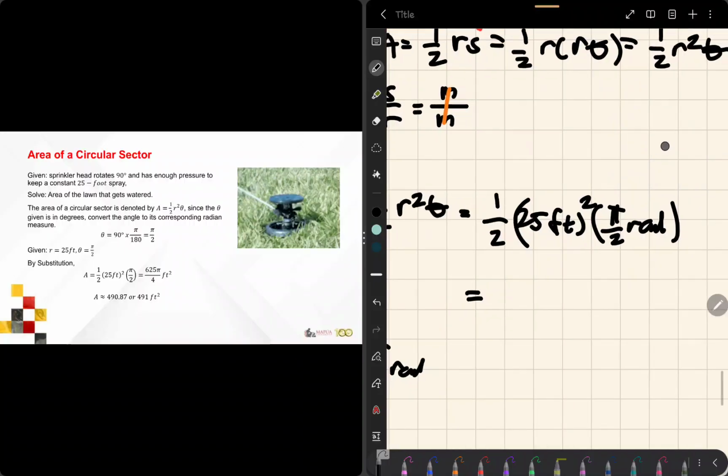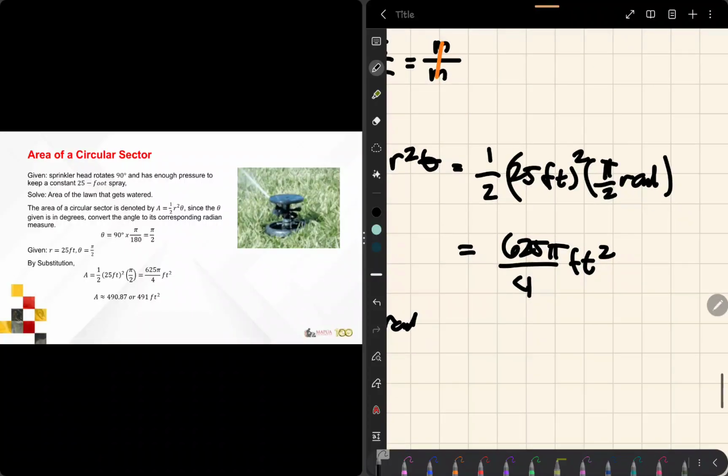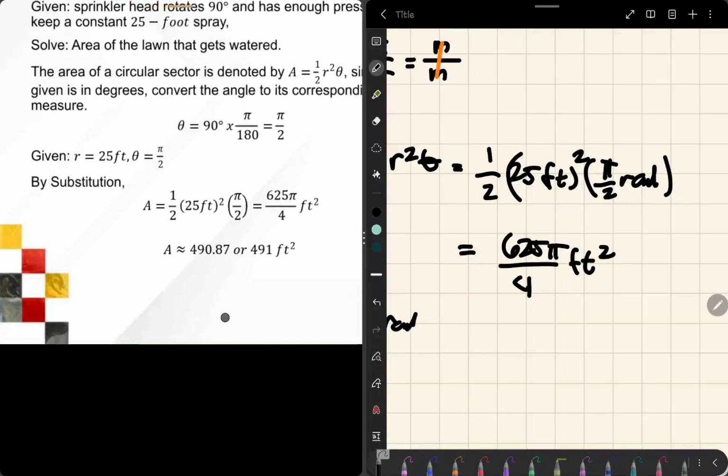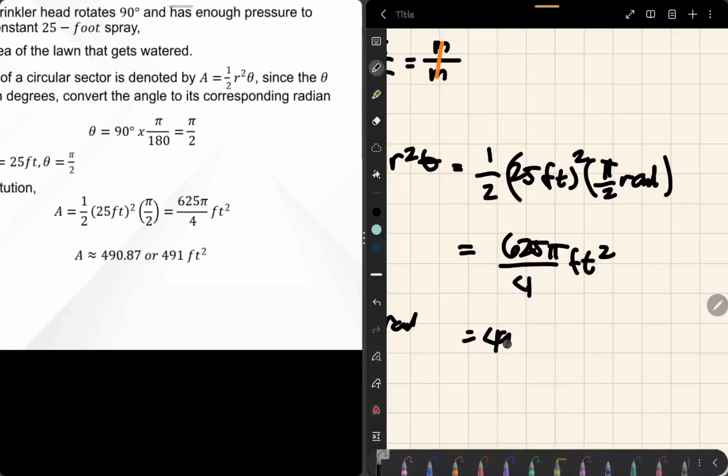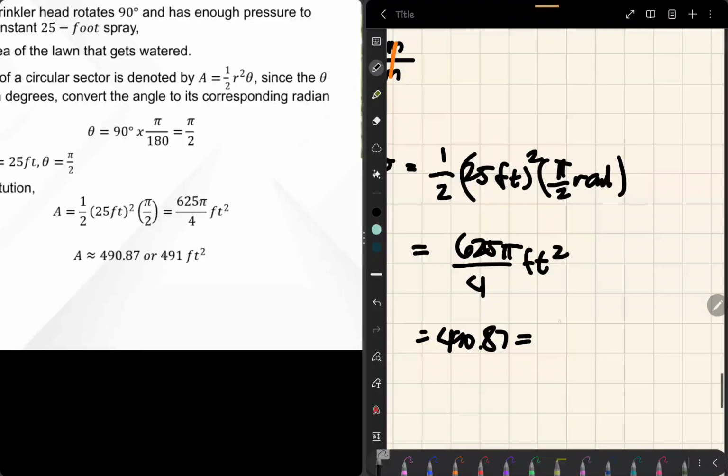So we'll get pi over 4, and 25 squared is simply 625. We can write this as 625 pi all over 4 feet squared. The exact value is 490.87, and since we have to round to the nearest foot, we convert it to 491 square feet. This will be our final answer.